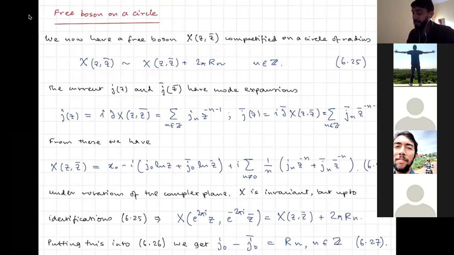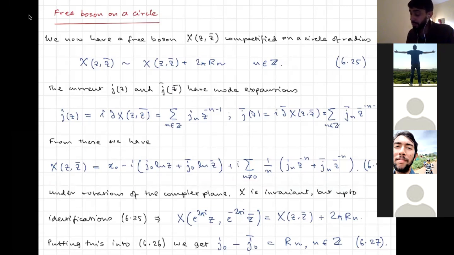Now these j(z) and j bar(z bar) will again have these expansions, as you know. And if you write the X's in terms of j's, this is again something that you know from before. You can expand this out in this form.